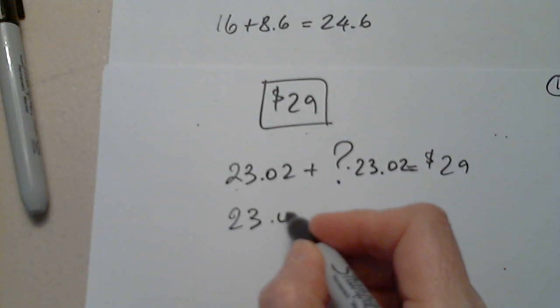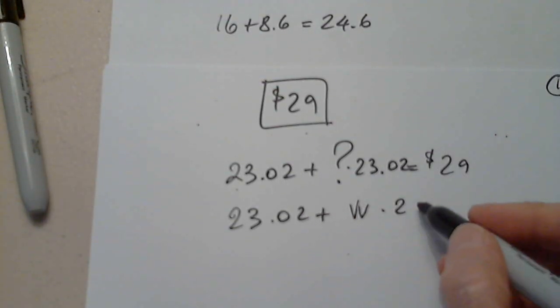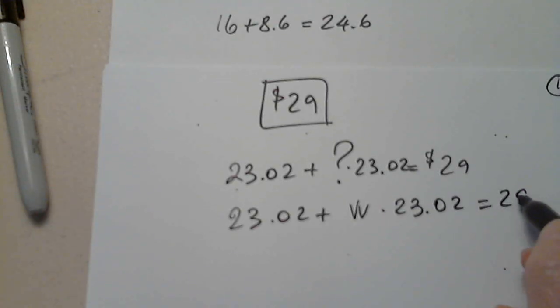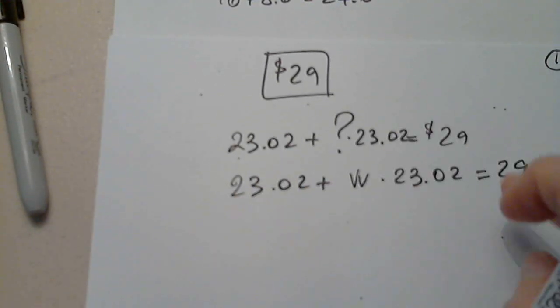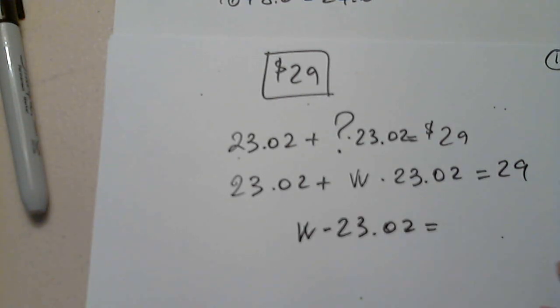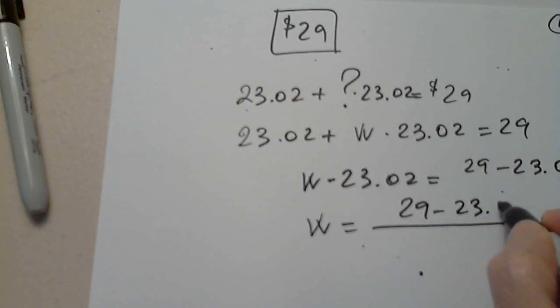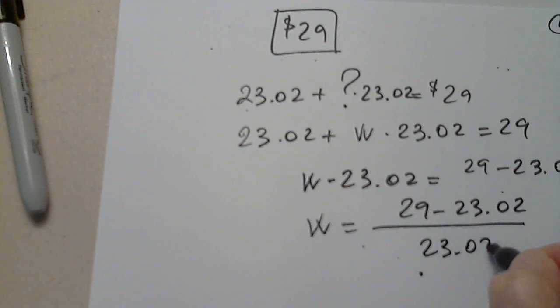So 23.02 plus W times 23.02 equals 29. I subtract 23.02, so W times 23.02 equals 29 minus 23.02. Then W equals (29 minus 23.02) over 23.02.